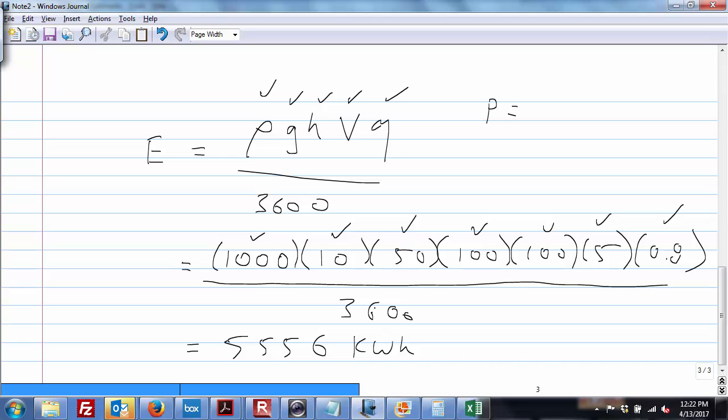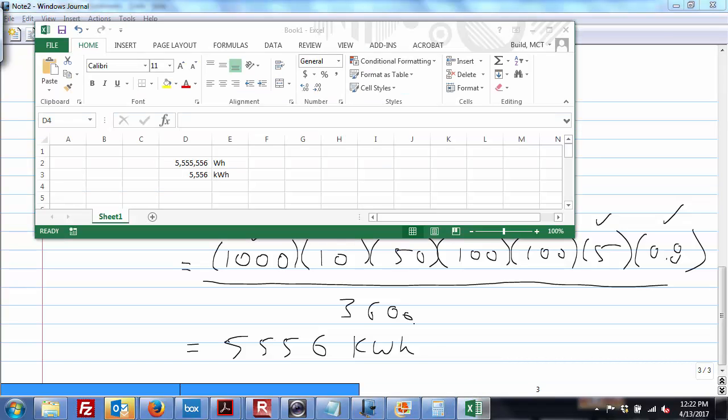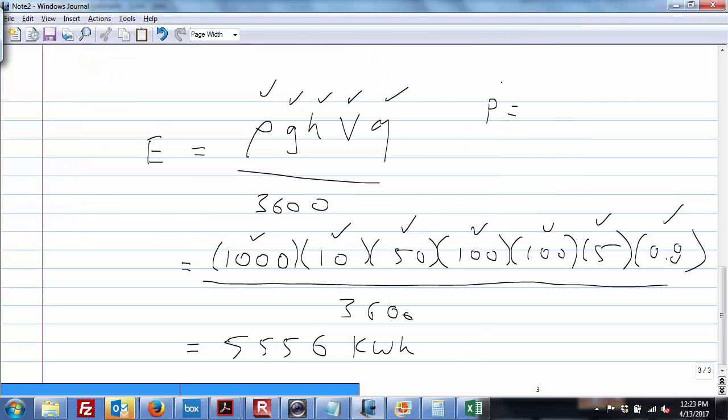Then we divide that by 3,600, and we just ran that through Microsoft Excel. There it is. And we got 5,555,556 watt hours, which is 5,556 kilowatt hours.